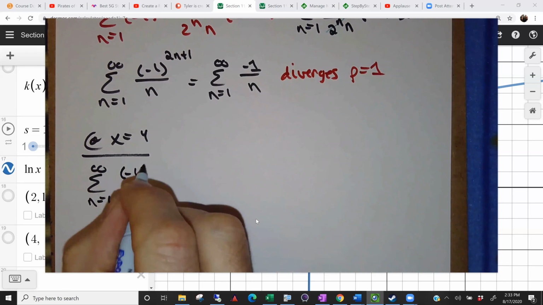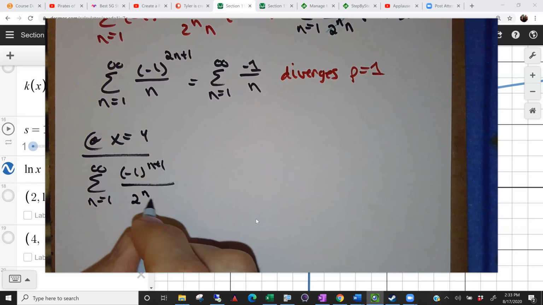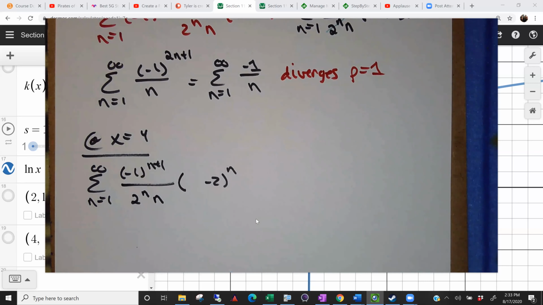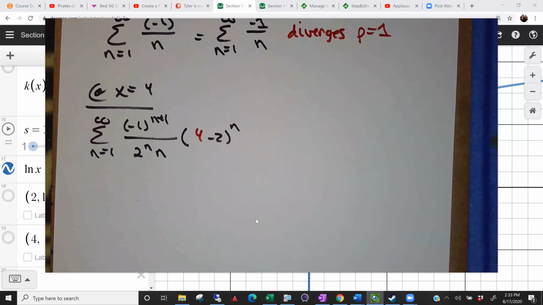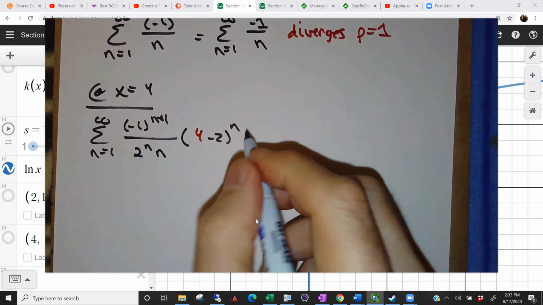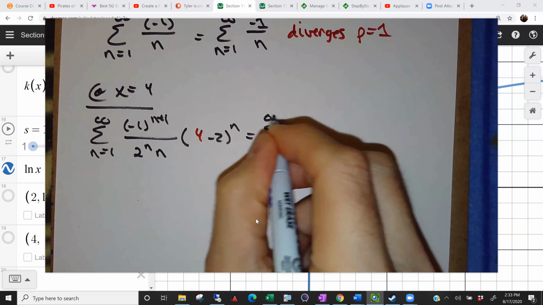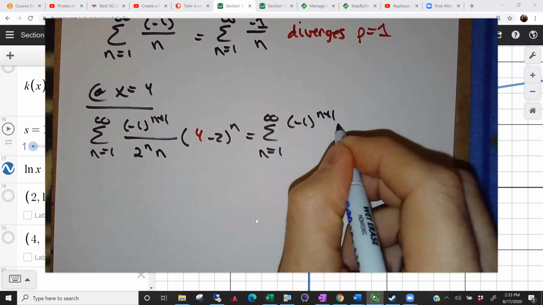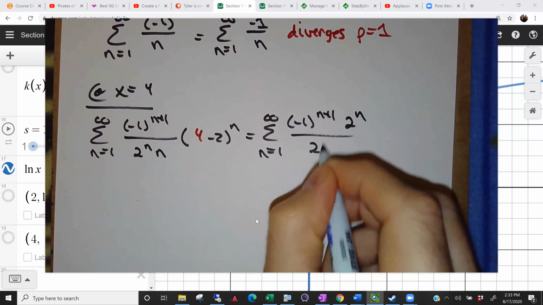Negative 1 to the n plus 1, over 2 to the n times n. So if I put in a 4 here, I end up with the sum from n equals 1 to infinity of negative 1 to the n plus 1 times 2 to the n over 2 to the n times n.